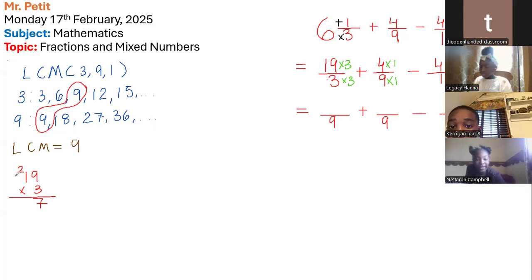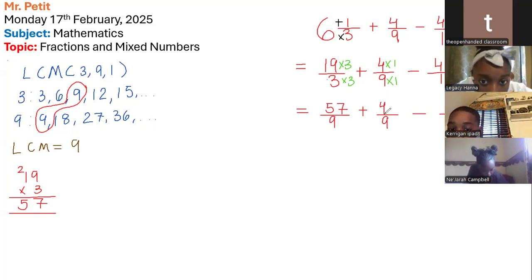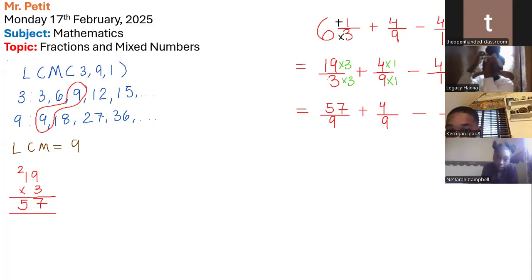Put the 7 down, put the 2 up. 3 times 1 is 3, plus 2 is 5. So 57. That means we're going to have 57 over 9, plus 4 times 1, which is 4. And 4 times 9 is 36. Very good.